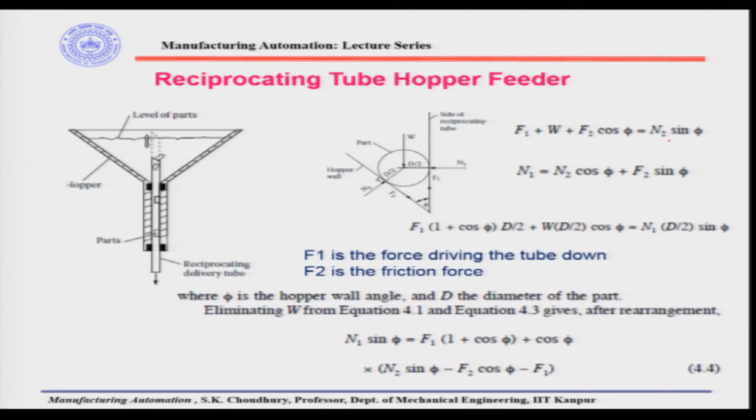This is along the horizontal direction, and this equation we have drawn by taking moments about the point A. From these three equations, the value of W we can take from the first equation and put it in the third equation, which is coming here.